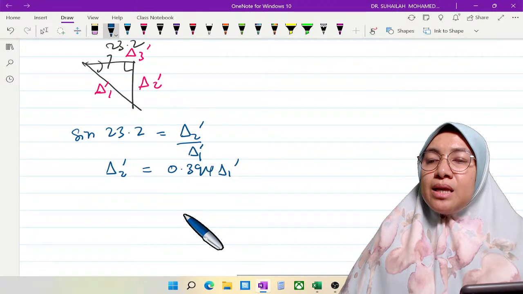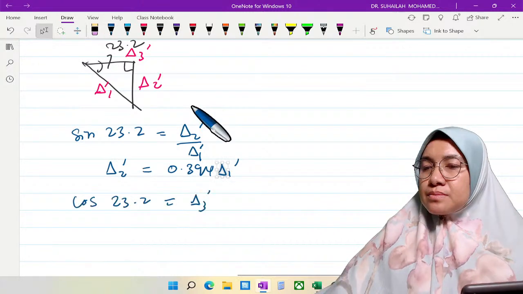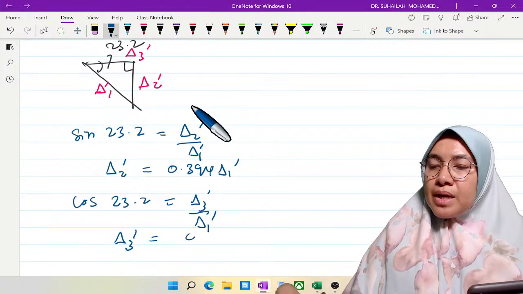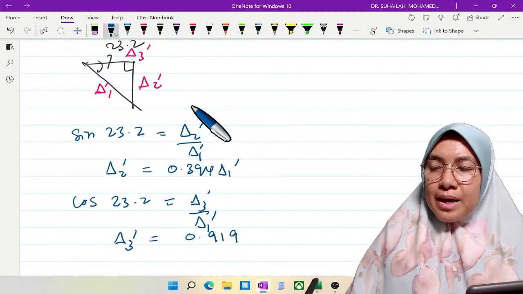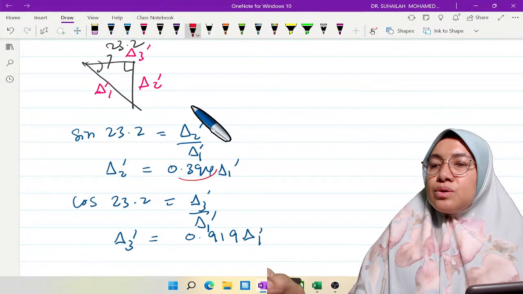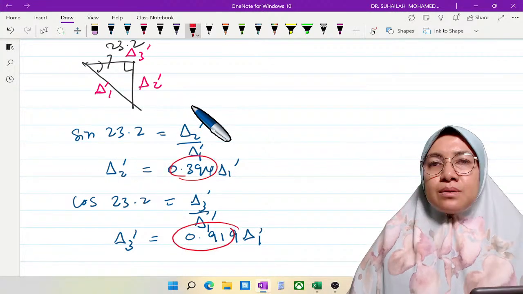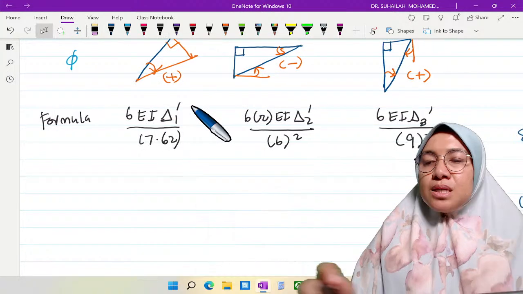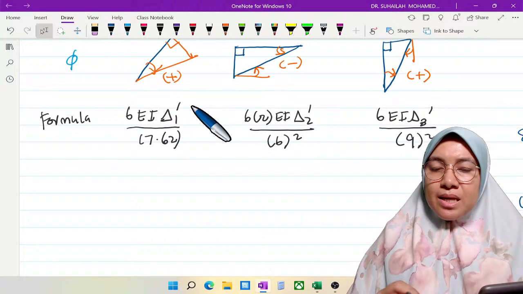Cos 23.2 equals delta 3 prime over delta 1 prime, so delta 3 prime equals cos 23.2, which is 0.919 delta 1 prime. So these values we substitute into the formulas, and we calculate directly.